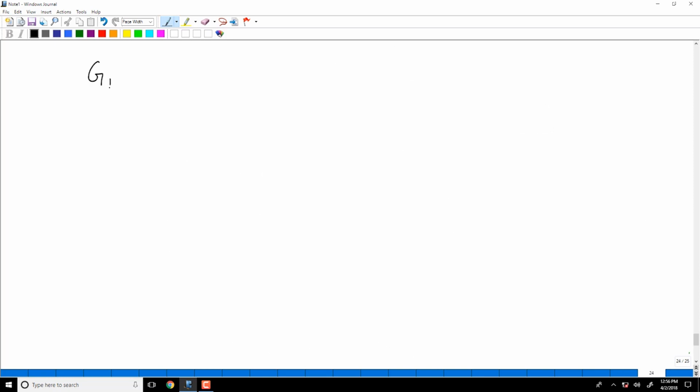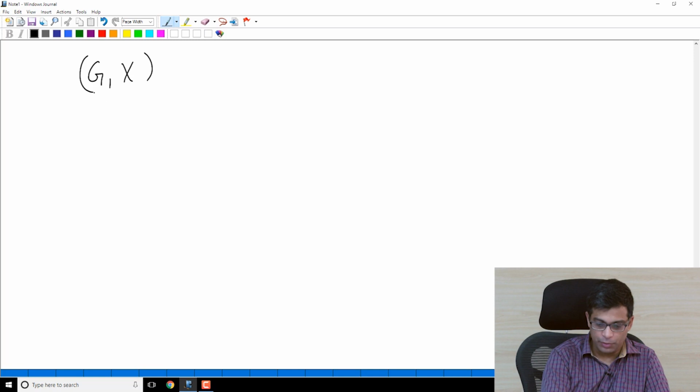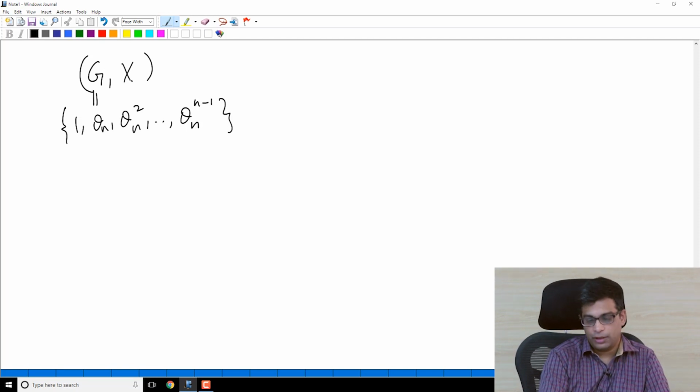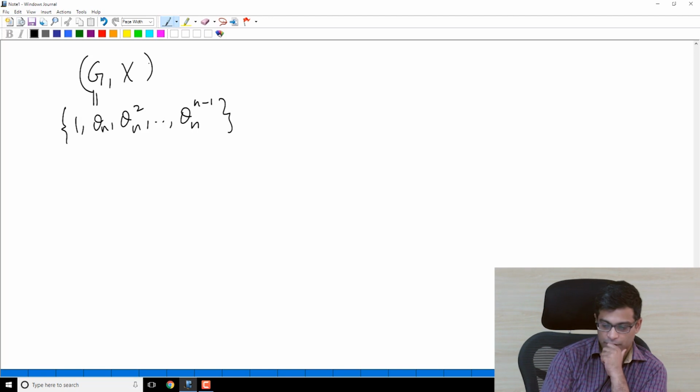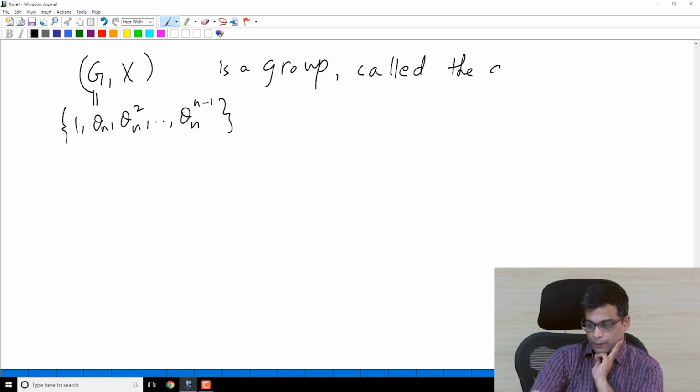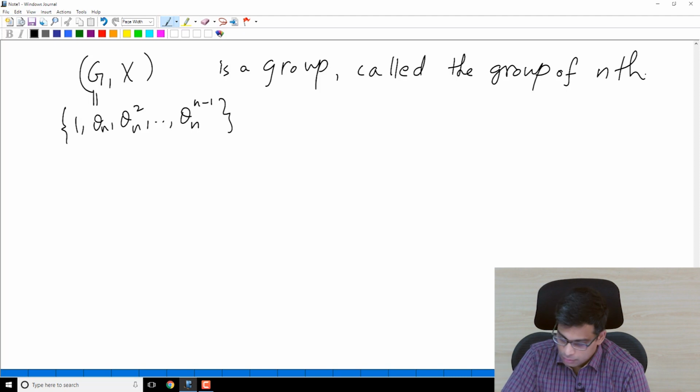So, this group G, being what I defined earlier on the previous page, with the cross being multiplication, is a group. It is an important group, called the group of nth roots of unity.